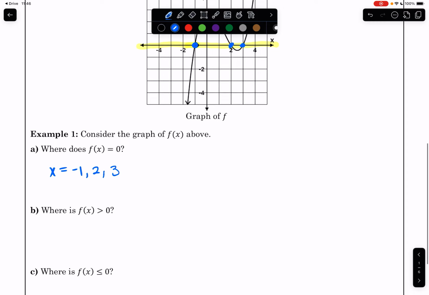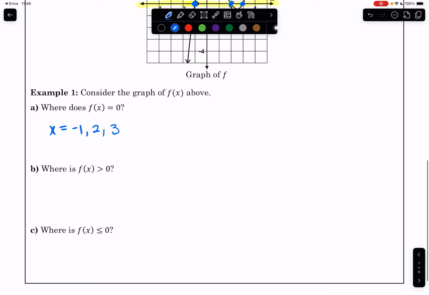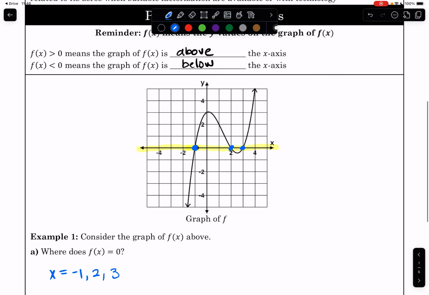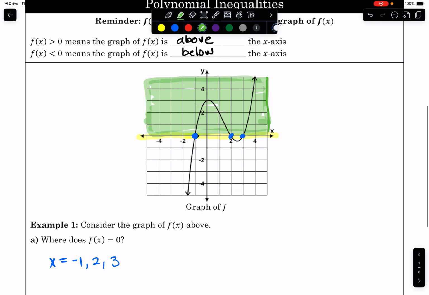Now for part B, where is f of x greater than 0? That means we're looking for where the graph is above 0. Let me highlight it in green. In this green section, these are all the y values that are greater than 0; they're positive numbers.